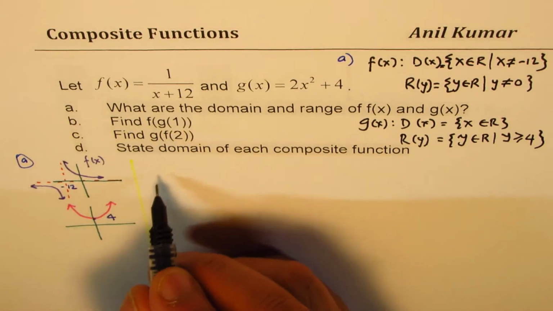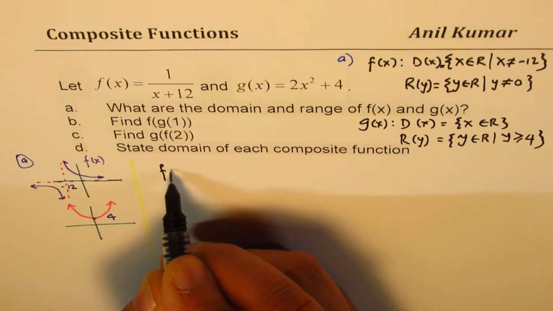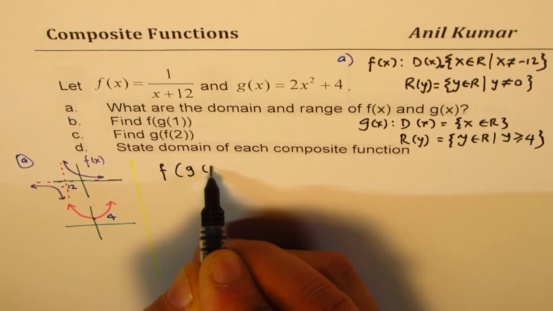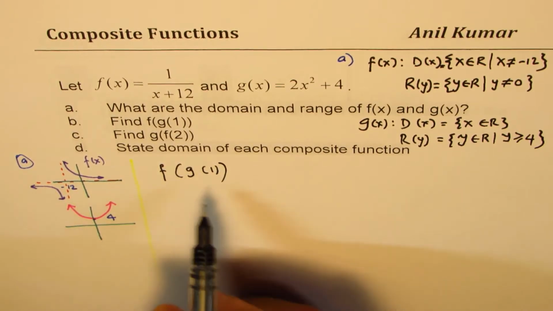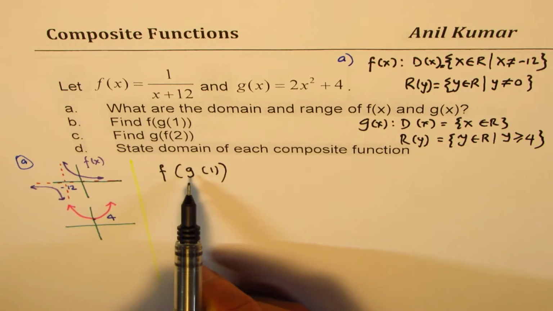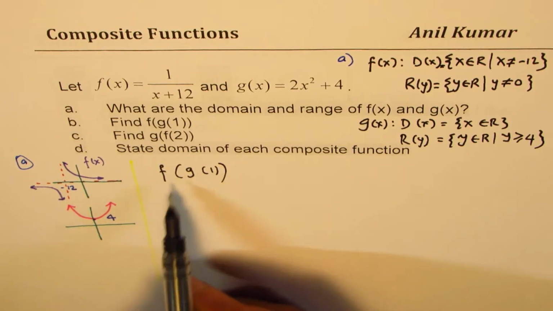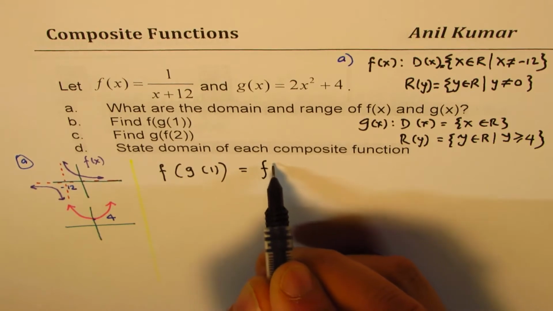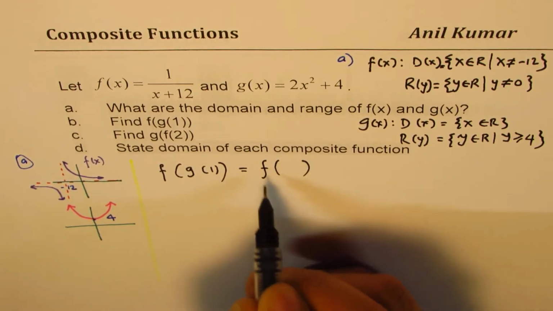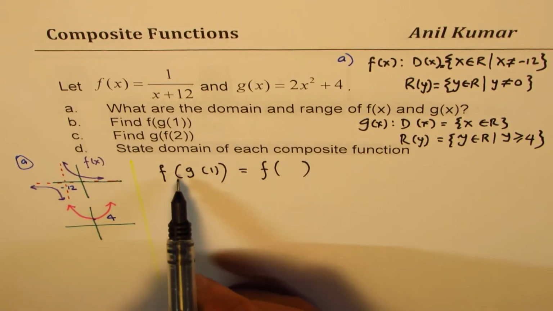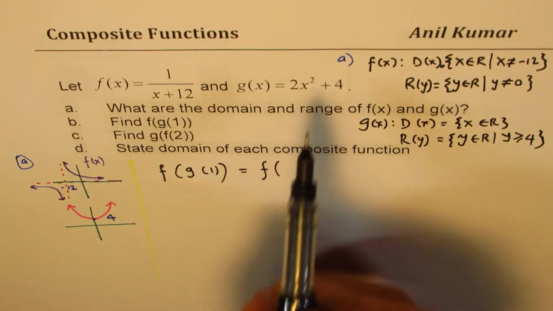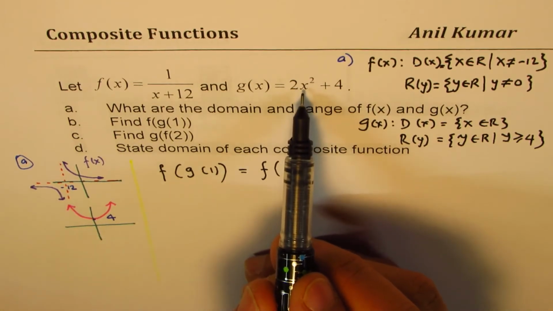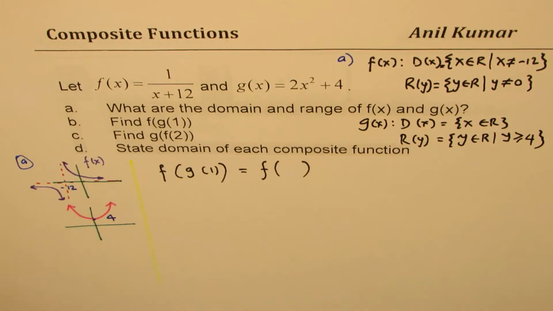Now we'll understand how to evaluate these functions, right? So part B, first let us find what is f of g of 1. Now we have to always start from inside and then go outside, right? That is the whole concept. That is, we are saying f of g of 1. Now when I say g of 1, basically I mean I have to substitute 1 in this equation and find the value.